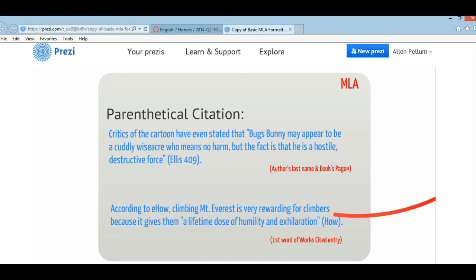So we put this right after the quotation, and notice the direct quotation begins with Bugs Bunny here, and then it goes to destructive force, and then we have our parenthetical citation, author last name, page number, followed by a period. And then here we do the same thing, only we have the first word of the works cited entry when there is no last name or page number.